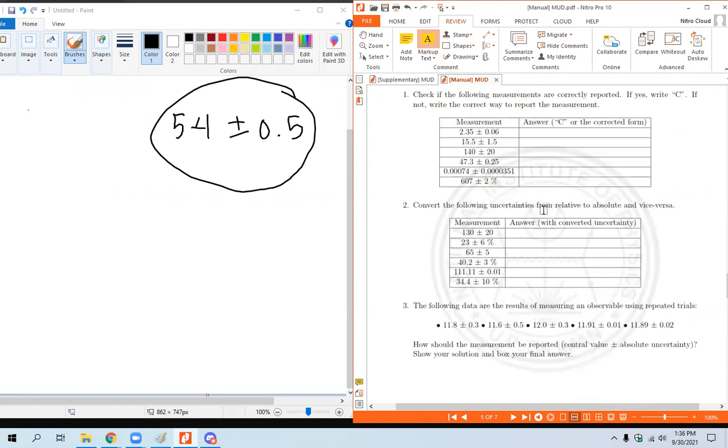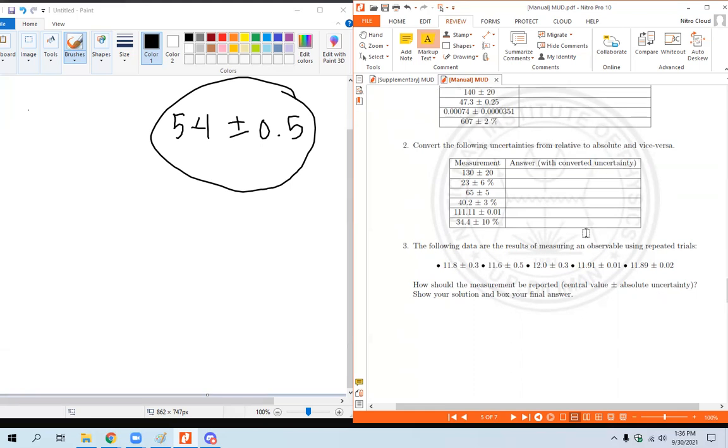Pangalawa is a conversion between relative to absolute and vice versa. So again, this is just a conversion of percentages to numbers and vice versa. So you can use the course material so far to guide yourself on how to do this.